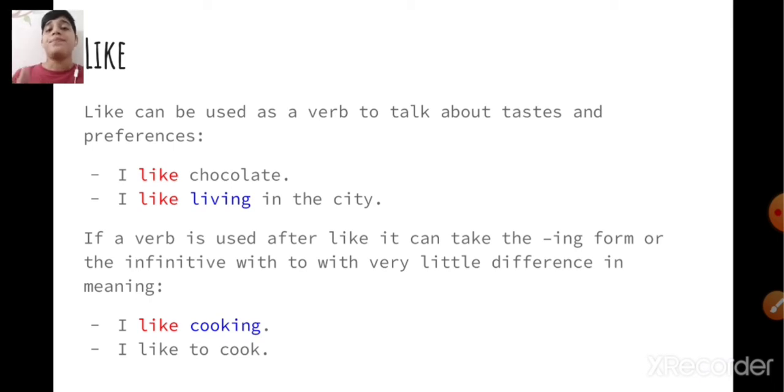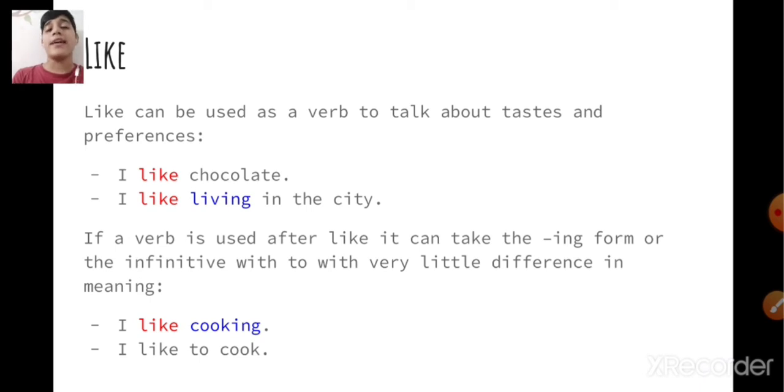Let's go ahead. It says that if a verb is used after like, it can take the ing form or the infinitive with very little difference in the meaning. Okay? For example, I like cooking.